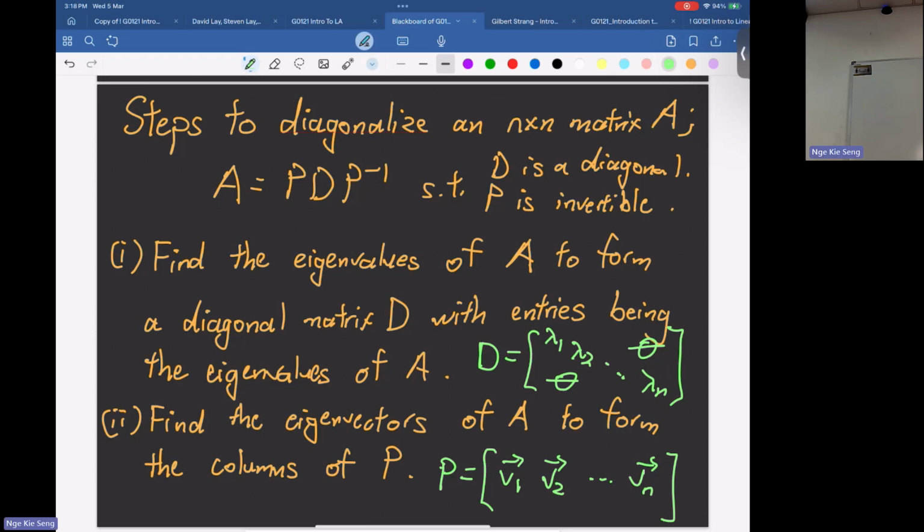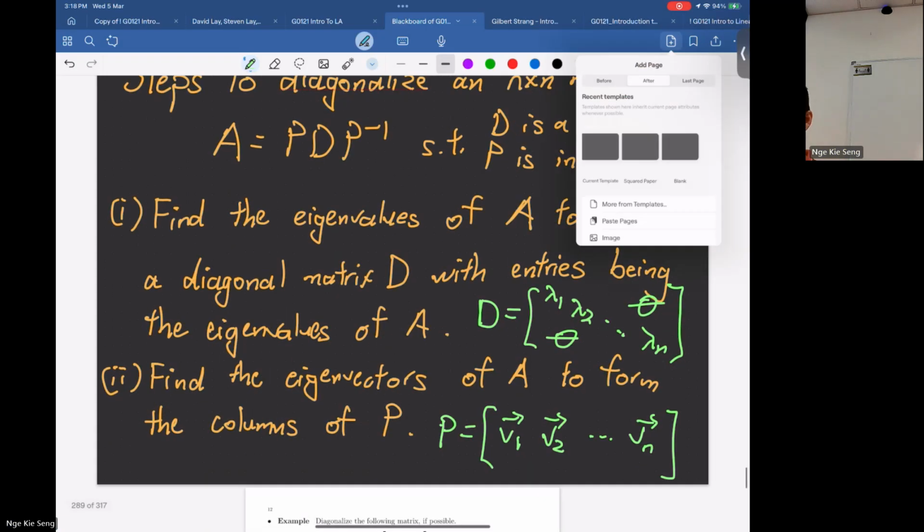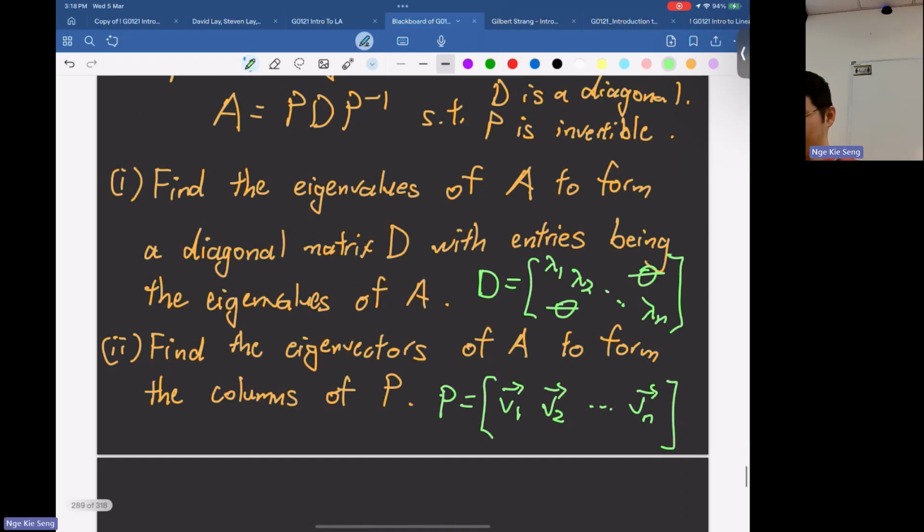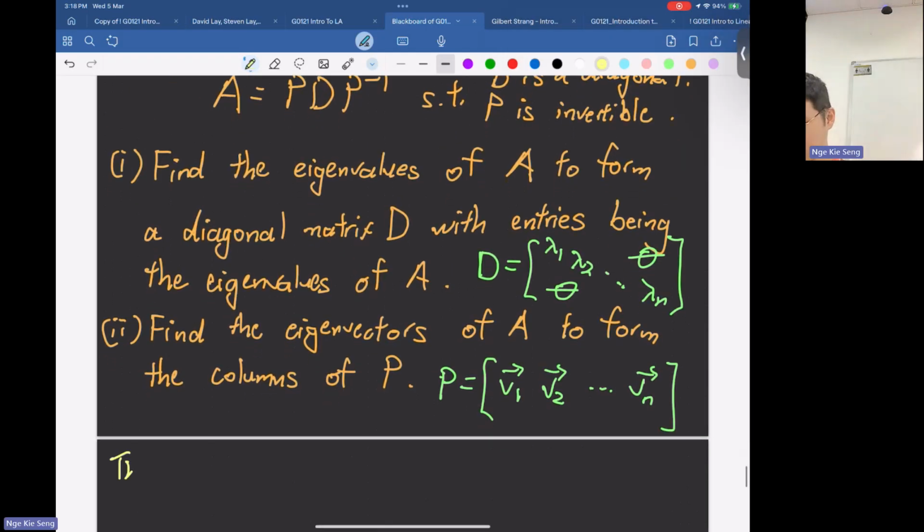To say that this matrix is invertible is equivalent to saying that these columns are linearly independent. So you need a statement to tell you that eigenvectors are linearly independent. But what's the correct statement there? Do you still remember?